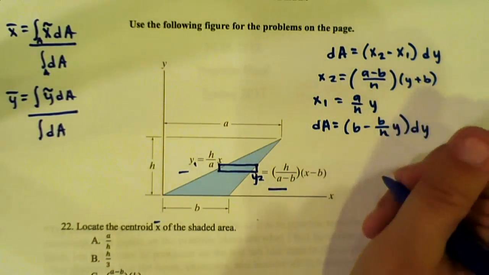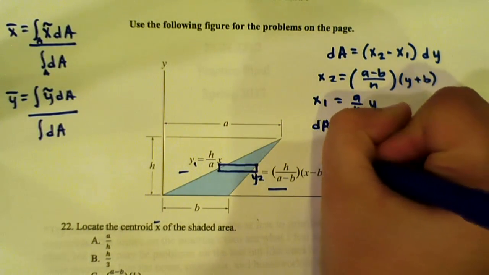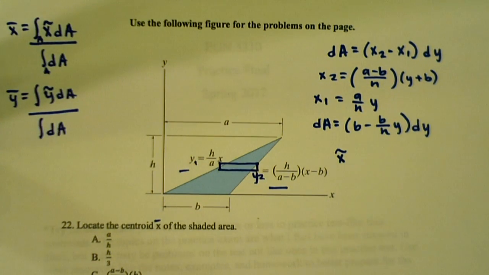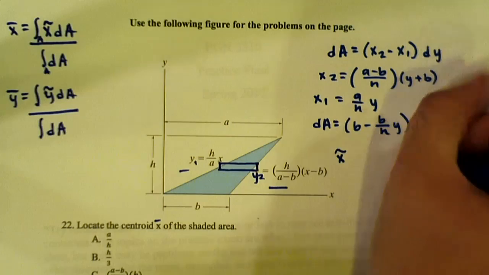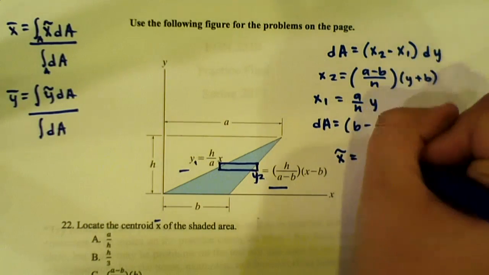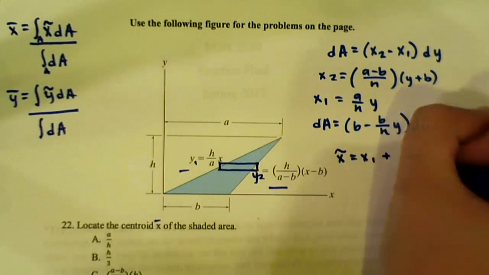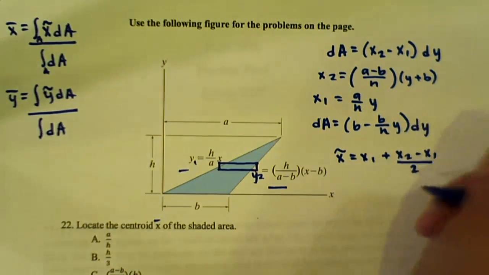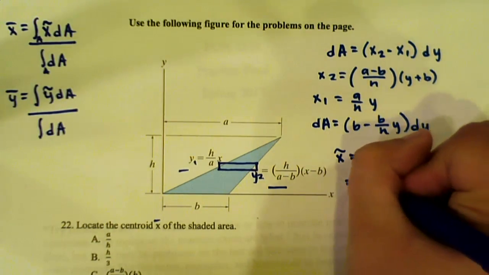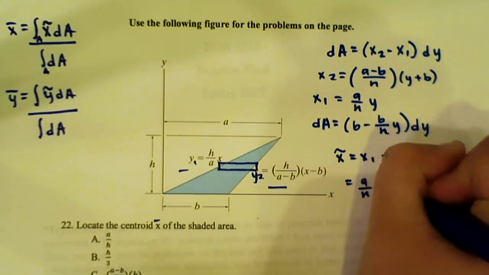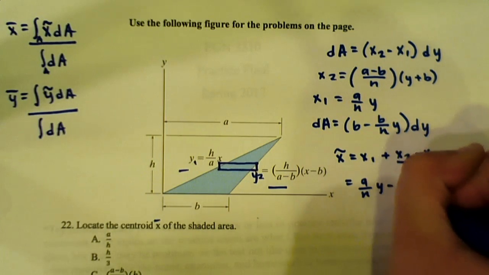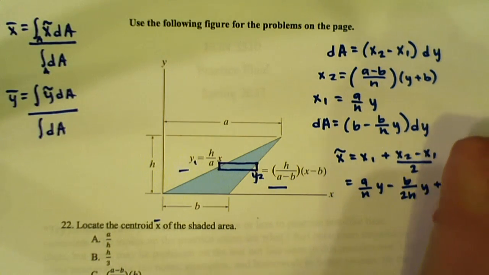Does anyone have an idea what our x tilde would be? Our x tilde equals x1 plus x2 minus x1 divided by 2, which is equal to a over h y minus b over 2h y plus b over 2.